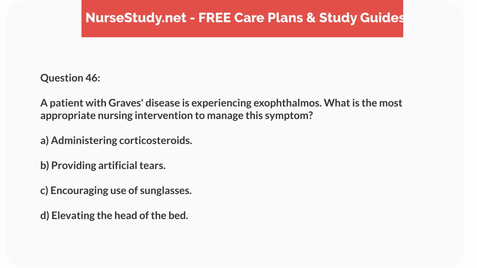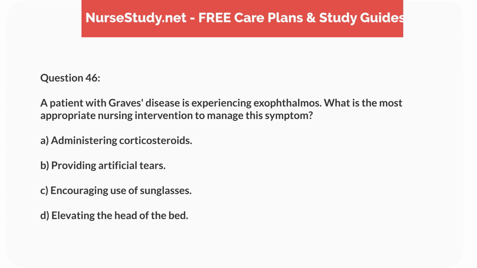Question 46. A patient with Graves' disease is experiencing exophthalmos. What is the most appropriate nursing intervention to manage this symptom? A. Administering corticosteroids. B. Providing artificial tears. C. Encouraging use of sunglasses.